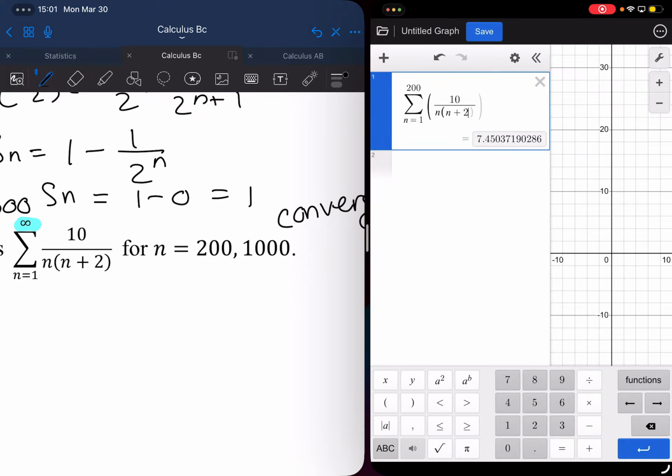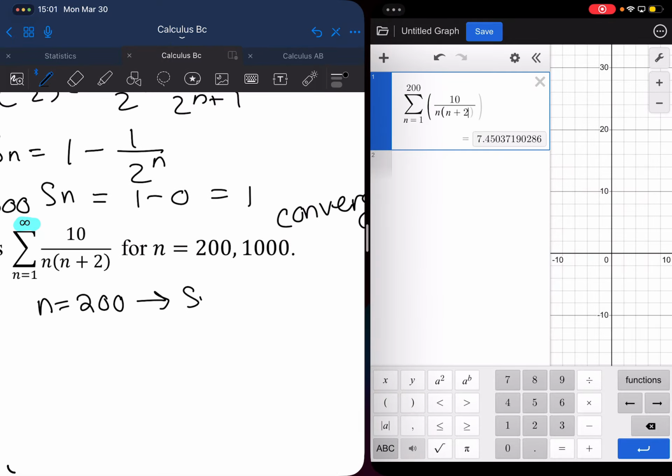Okay, so on my notes, that's what I'm going to write. I'm going to say n equals 200 means that s sub n is equal to 7.45. Remember, this is the partial sum. Okay, then what we're going to do again is we're going to change. This is the only thing we're changing, that number at the top. We're just going to make it 1,000. Okay.